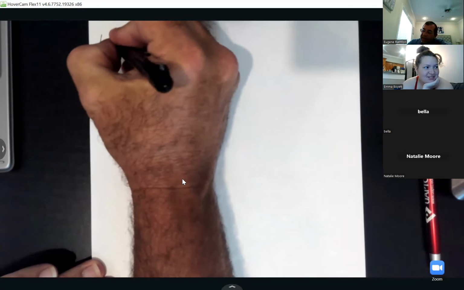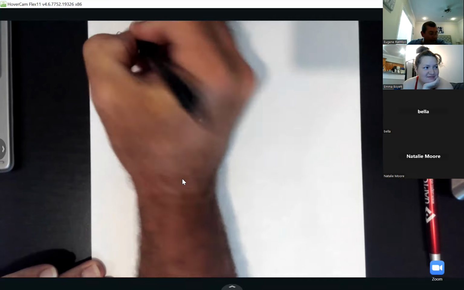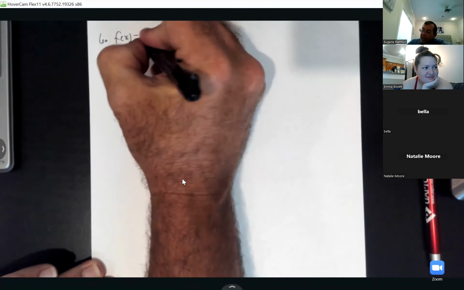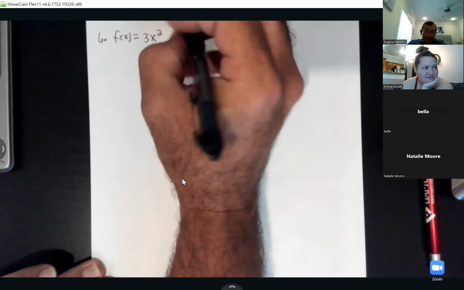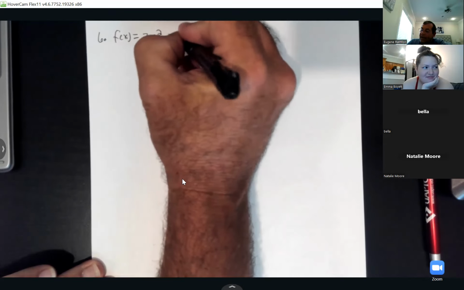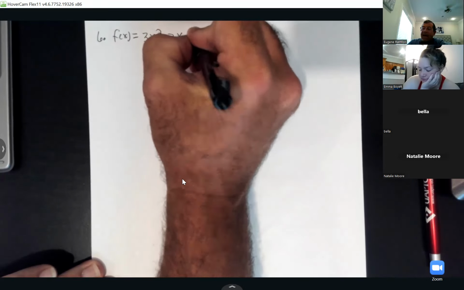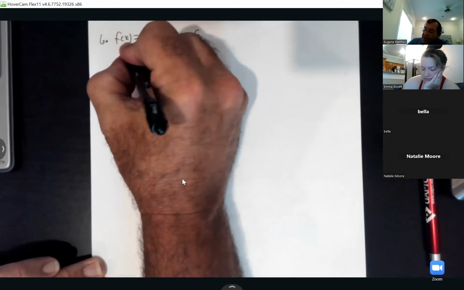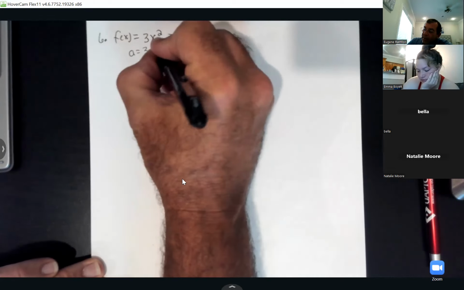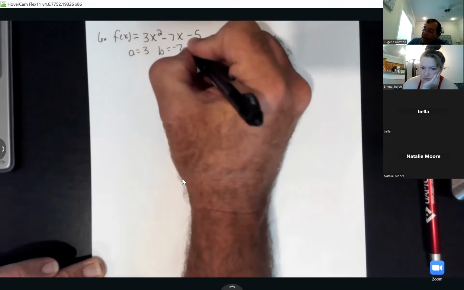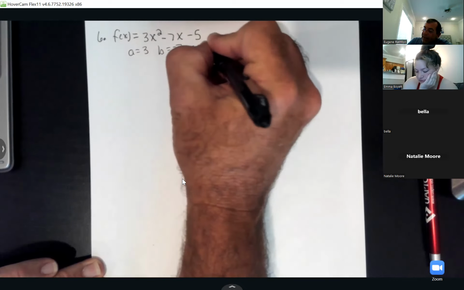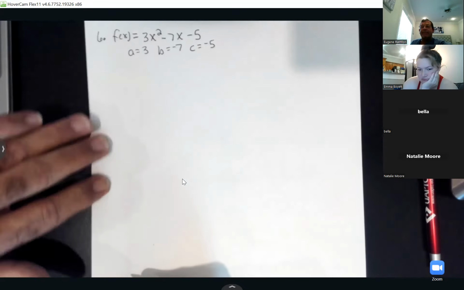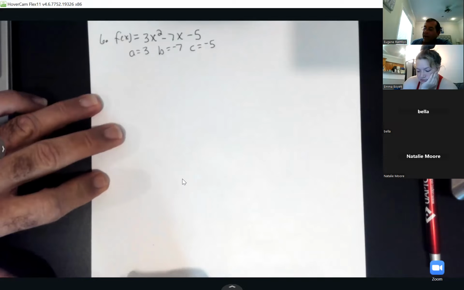So this one has an f of x equals 3x squared minus 7x minus 5. So for this one, A is 3, B is -7, C is -5. All right, so let's plug it in.